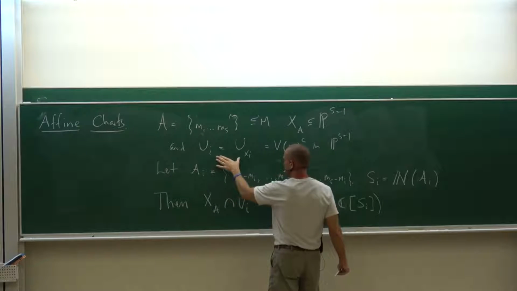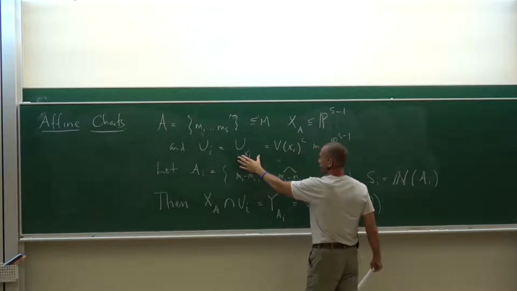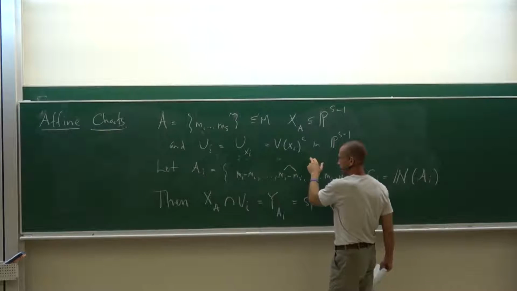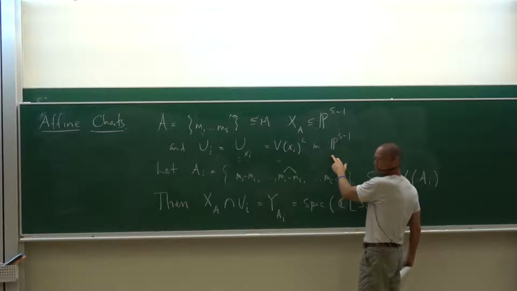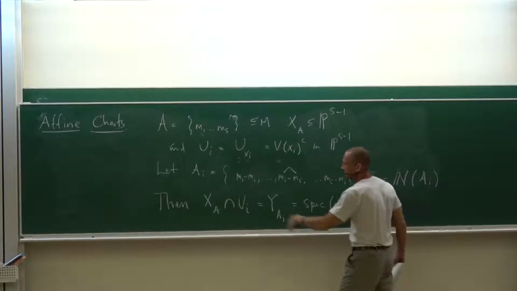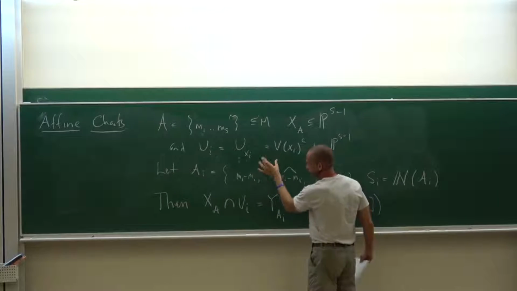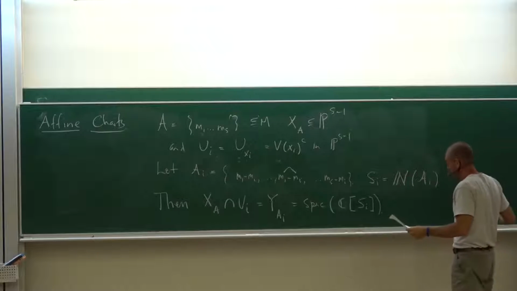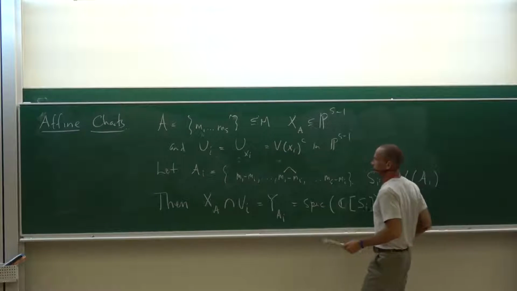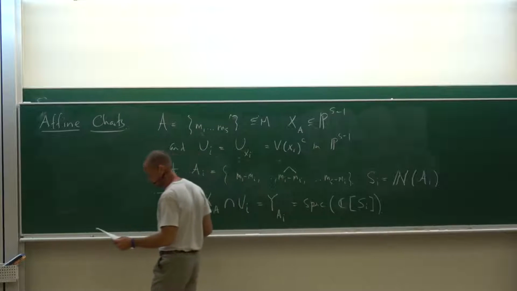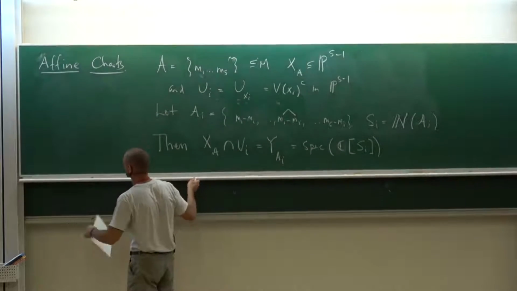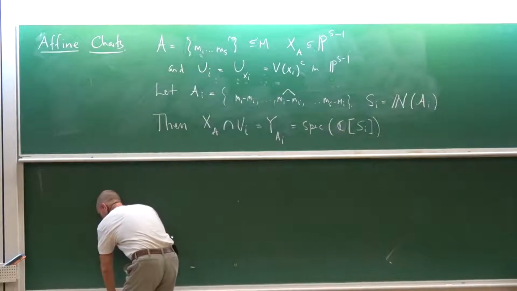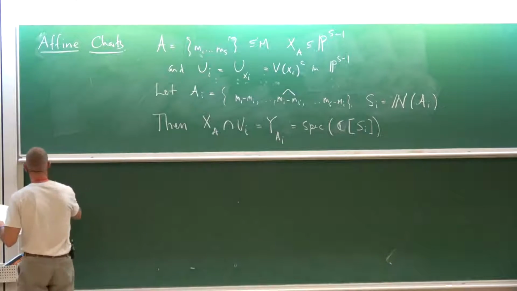If we're using a standard open cover on U_i, our coordinates would be x_0 over x_i, leave out x_i over x_i, and then x_(s-1) over x_i, right? So this is exactly the analog of those quotients, except here I'm just removing the corresponding one. So let's do the proof. The proof is pretty easy. I can't remember if this is a theorem or just an observation, but let's work through it. So, proof.